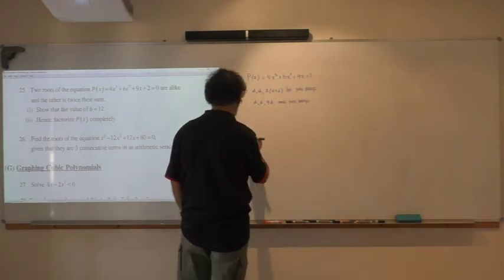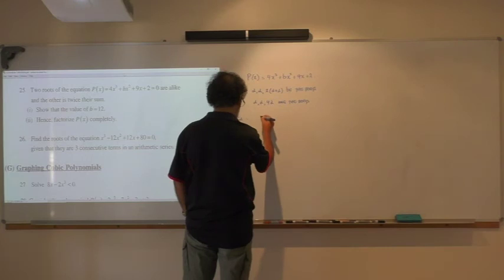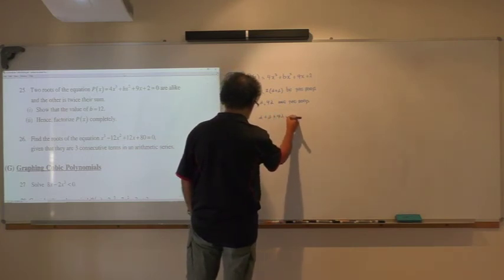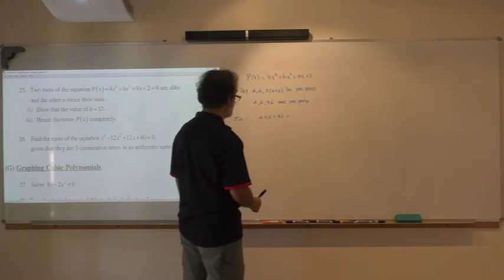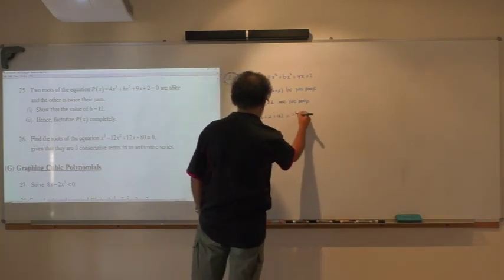Okay, so now we have the roots, and we're going to start using the relationship between coefficients and roots. The first one, when you add them one at a time, is alpha plus alpha plus 4 alpha, which is equal to minus b on 4.